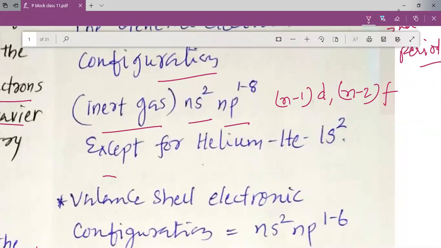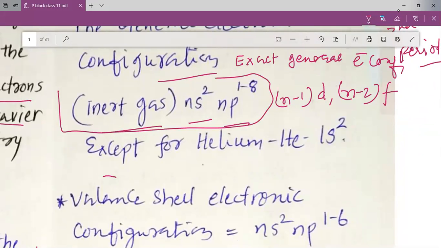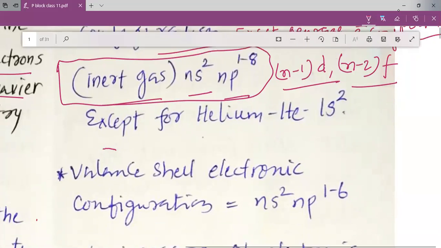So this is not exactly the general electronic configuration, but this is the kind of electronic configuration we can see in almost all the elements. Some elements have (n-1)d electrons present, and some elements also have (n-2)f electrons present.